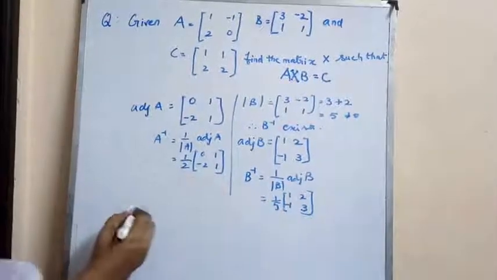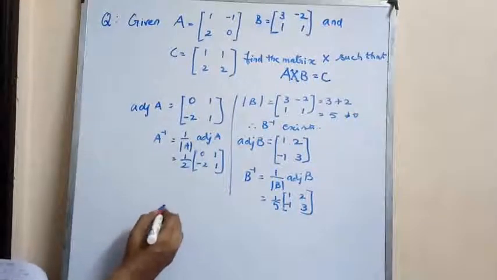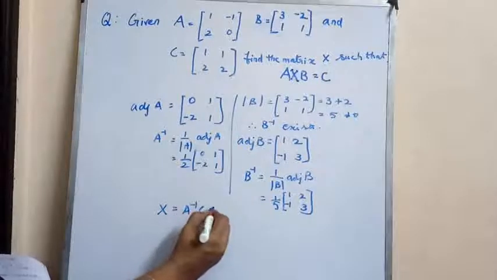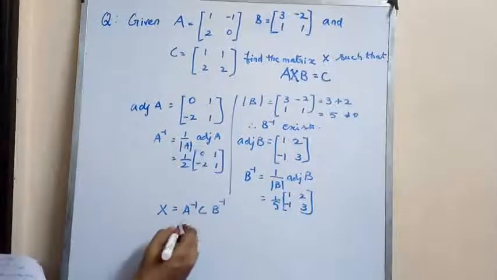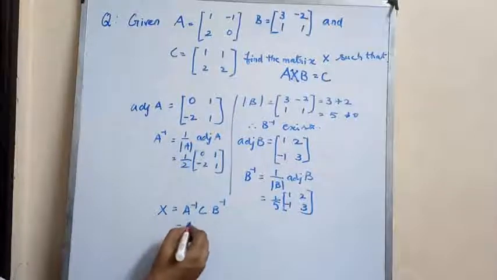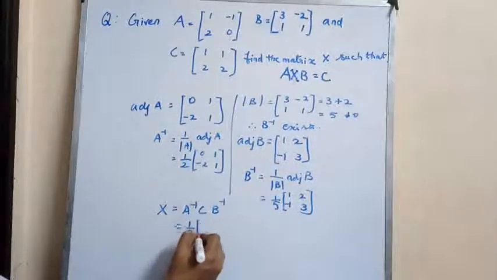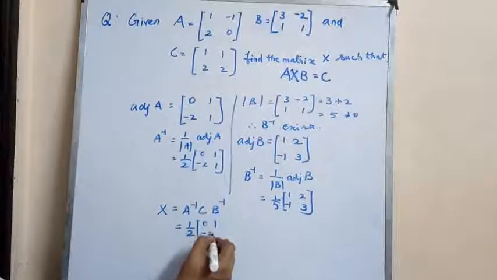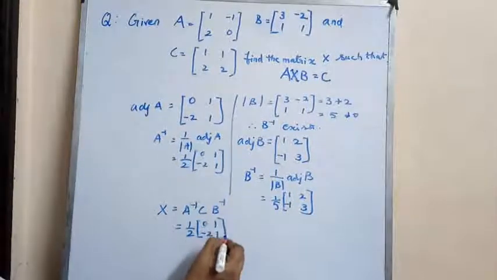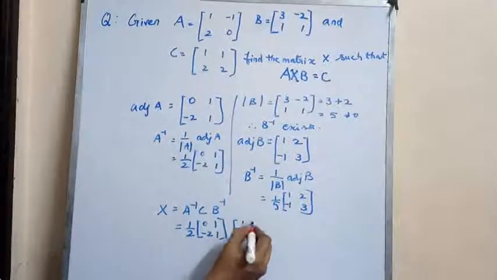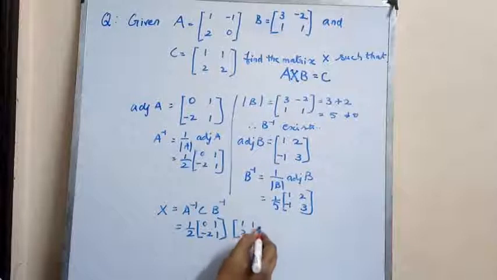So now we have to find X is equal to A inverse C into B inverse. So that will be A inverse, which is 1 by 2 into 0, 1, minus 2 and 1, into C. So C is 1, 1, 2, 2.